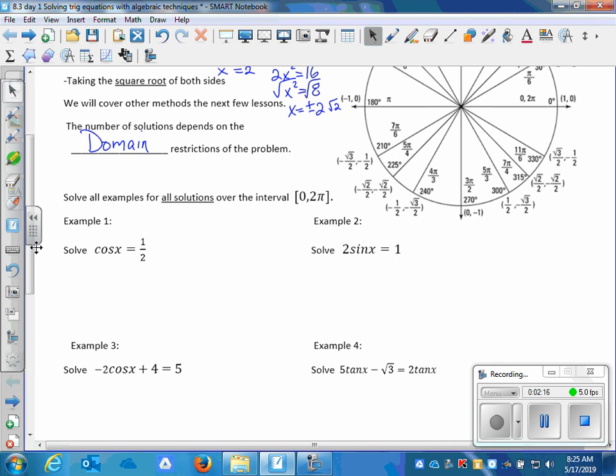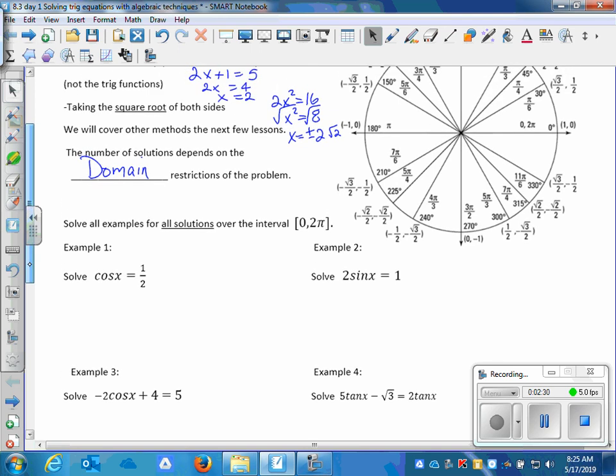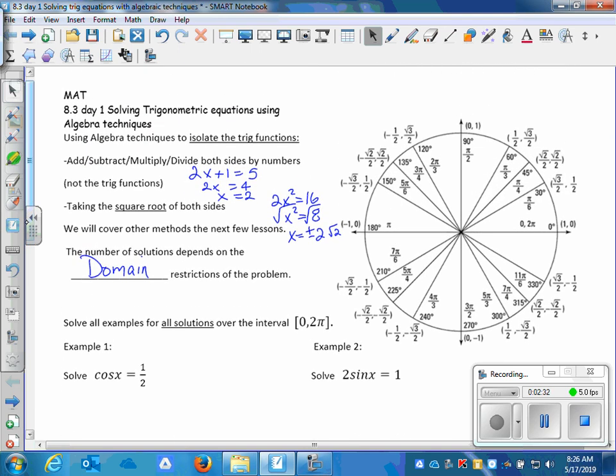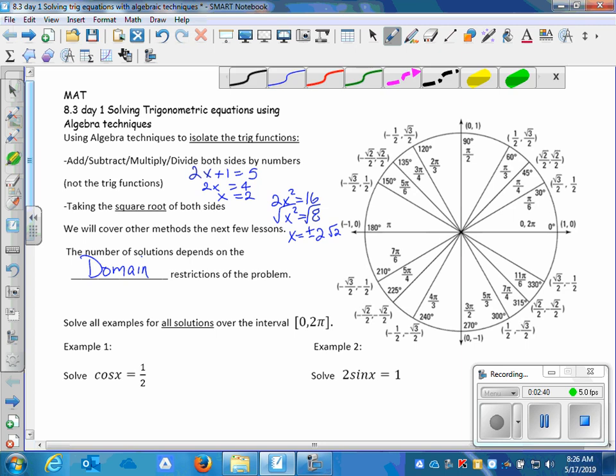So in other words, whatever that ratio is that you have, you can look at any of the 4 quadrants that satisfy that ratio. So for this one here, cosine of x equals 1/2. Well, cosine of x is already isolated. So you're going to go up to your unit circle to figure out what angles have cosine ratios of 1/2. So anywhere you see the cosine being 1/2, you're going to use that particular angle.